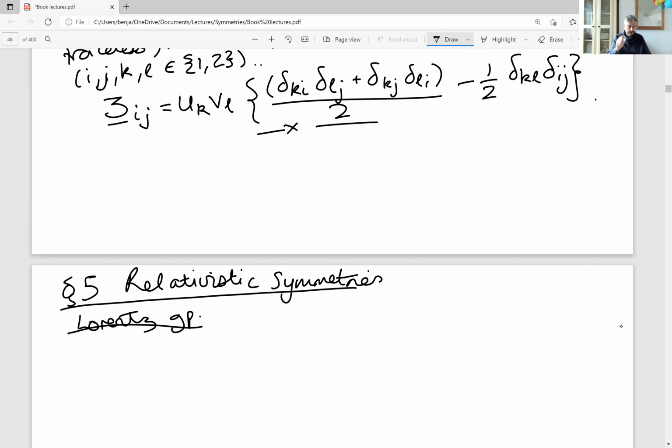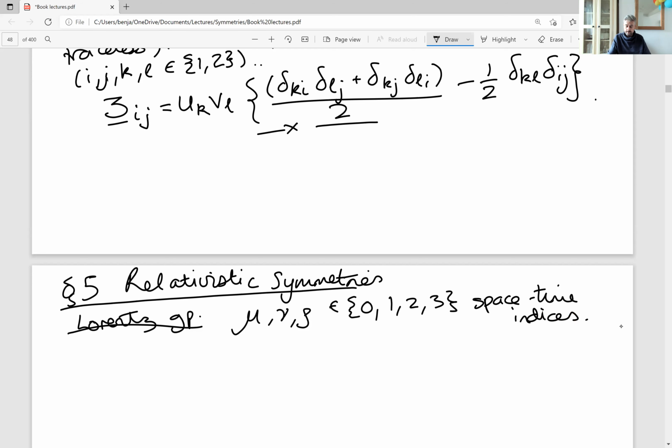Okay, so I'm going to want to work with 4-vectors in space-time. So let's put Greek letters as space-time indices. The idea here is that 0 is going to be the time coordinate, and the others will be the spatial coordinates.